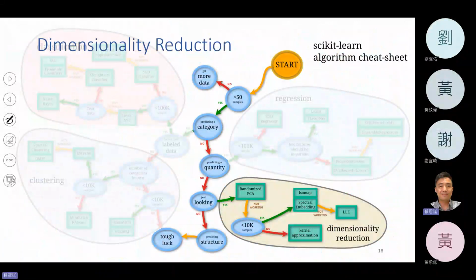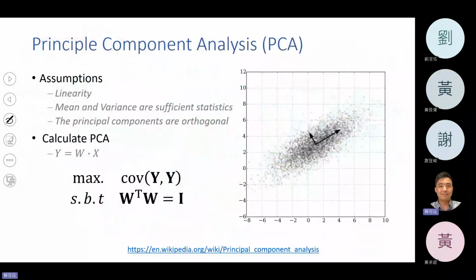Finally, we briefly introduce dimensionality reduction. The most common method is principal component analysis. It assumes the data can be represented by linear functions, that the mean and variance are sufficient statistics, and it calculates the covariance of the data. Finally, the principal components are orthogonal.